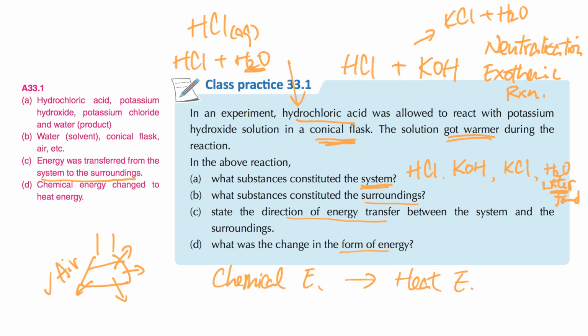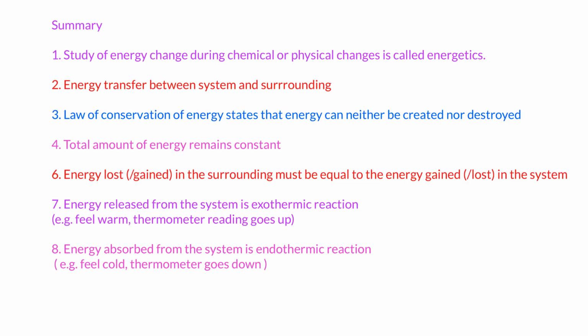Even though physics tells you there is no heat energy, in chemistry we also state it as heat energy. So to summarize, first of all, the study of energy change during chemical reactions or physical changes, we call energetics. This is the main theme of this chapter. Energy transfers between the system and surrounding, so it can go into the system or out of the system.